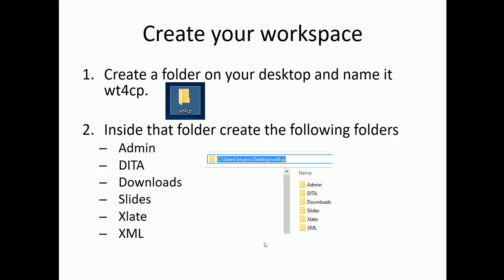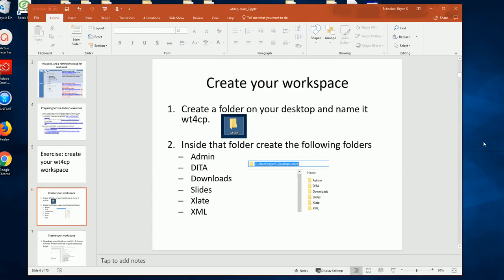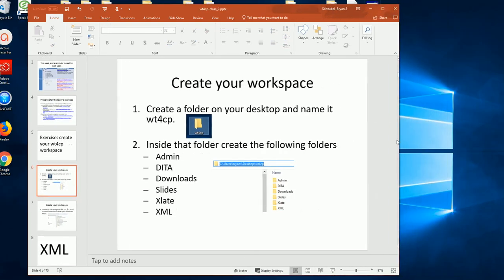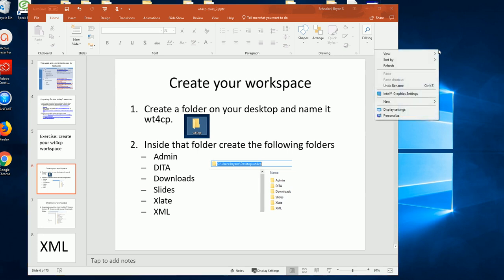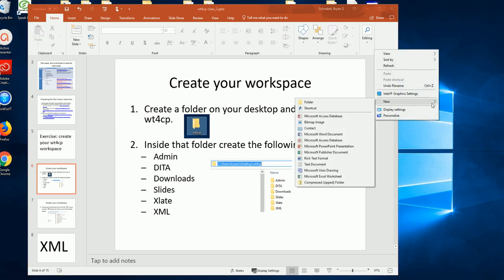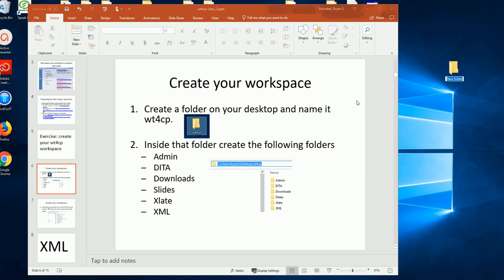So let's go ahead and I'm going to do that exercise. So I'm going to minimize this slide deck. I'm going to create right on my desktop by right-clicking and creating new. I'll create a folder, and I'm going to call it WT4CP and enter.